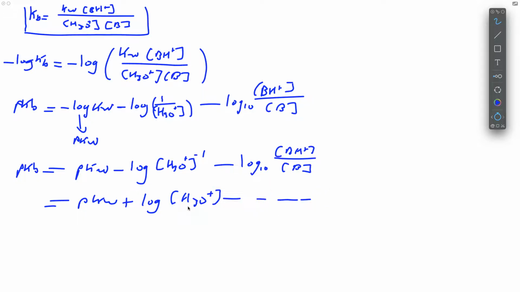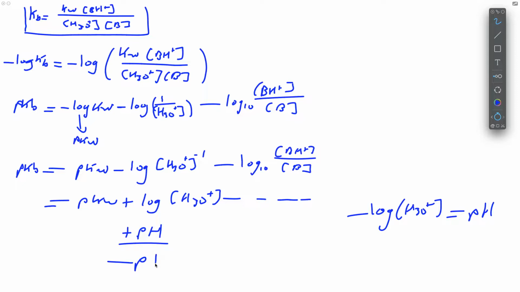So what we're going to have here is, well, this is what's going to confuse students. They're going to think, oh, plus log hydronium concentration, it's going to be plus pH. That's wrong. Remember, negative log hydronium ion concentration equals pH. Therefore, if it's plus log hydronium ion concentration, it has to be negative pH.